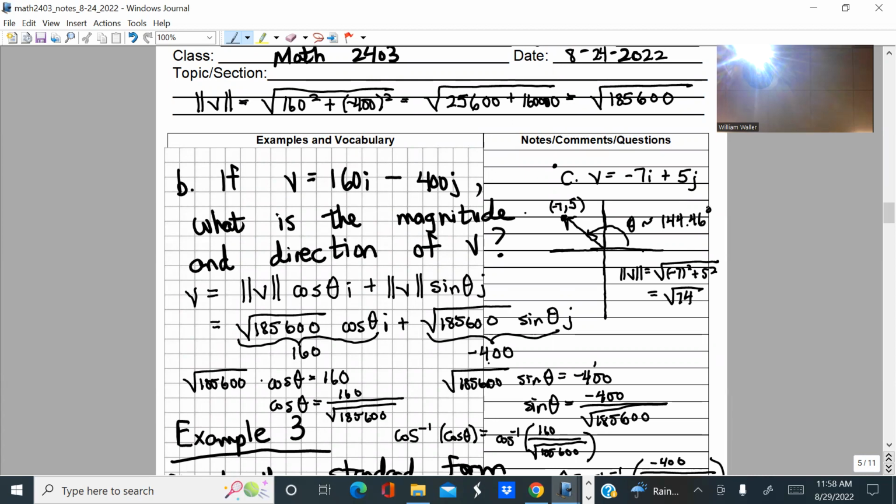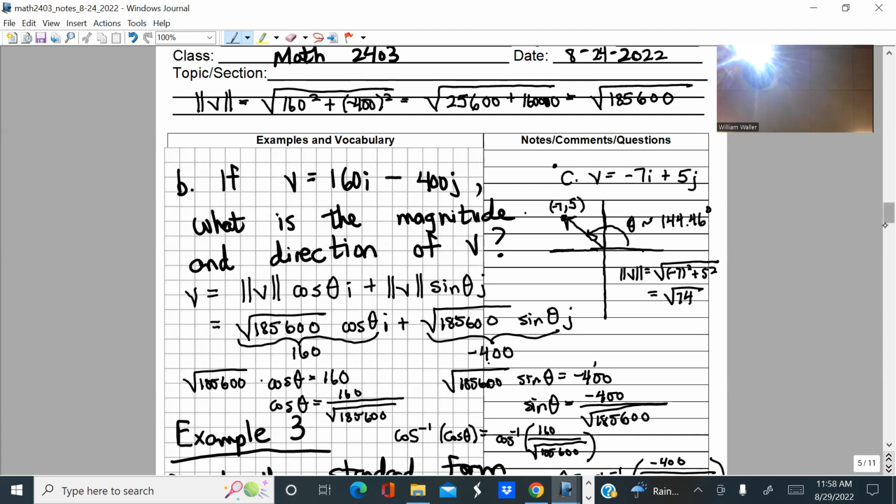You may not need all those decimal places in WebAssign. Remember, it's usually going to give you instructions on how many decimal places you want to use, so follow the instructions there carefully. Oh, there it is. We did it. So we found out the magnitude is square root of 74, and there is the direction.